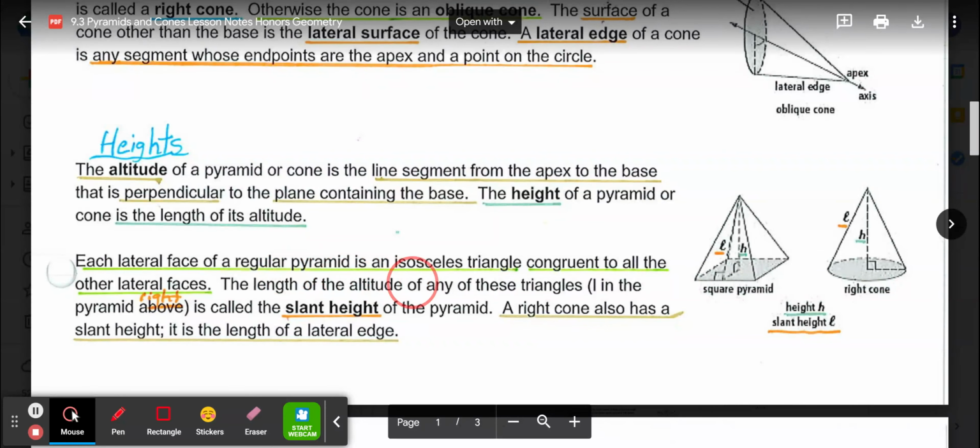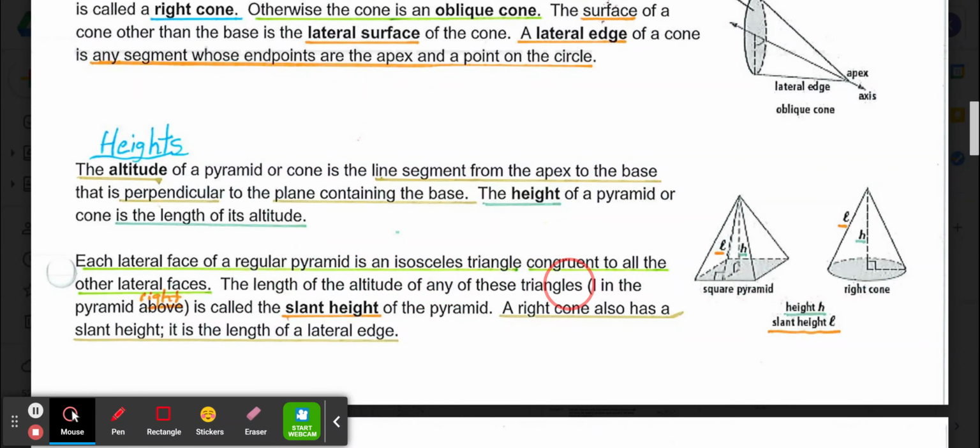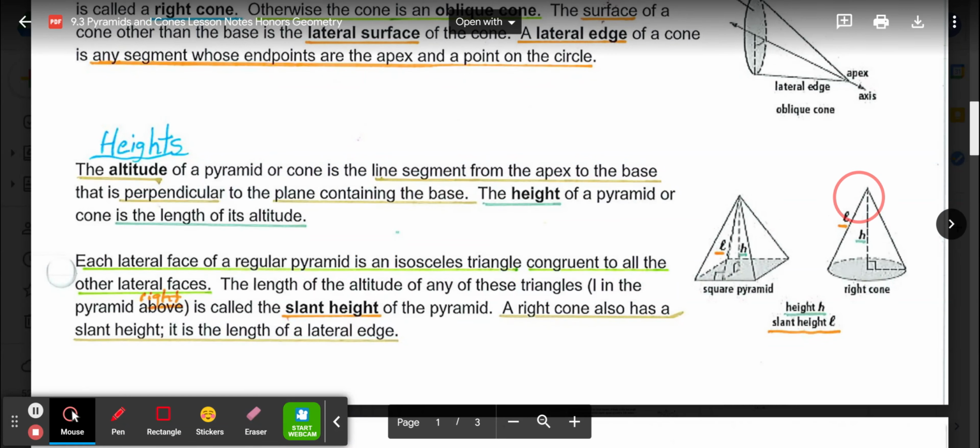The length of the altitude of any of these triangles, so if we look over here, it'd be L in the picture to the right. So that length L is called the slant height of the pyramid. A cone also has a slant height, which is simply the lateral edge.